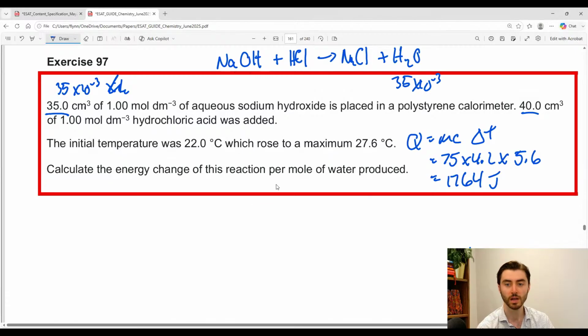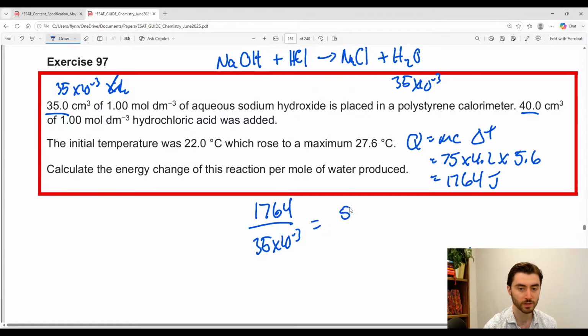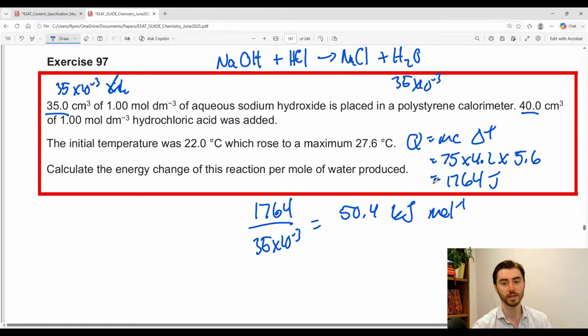So that 1764 is divided by the 35 times 10 to the minus 3 moles of water that are formed. And you get a number which they did not make nice for you, which is rude, but it's 50.4 kilojoules per mole. So worth demoing that.